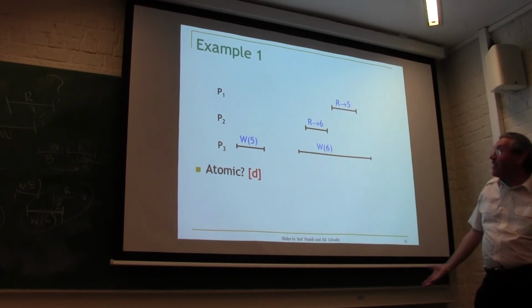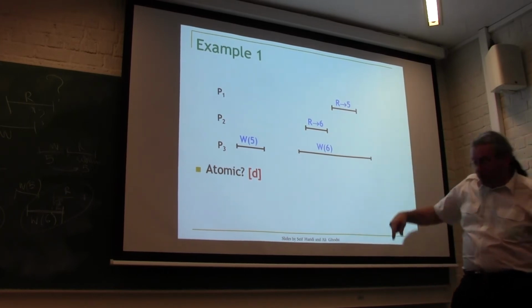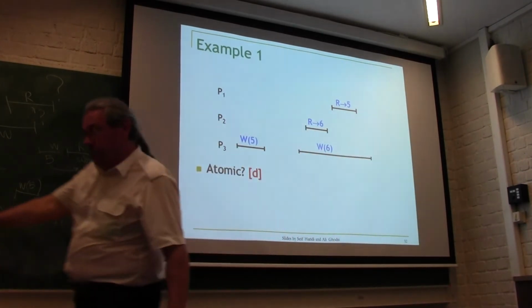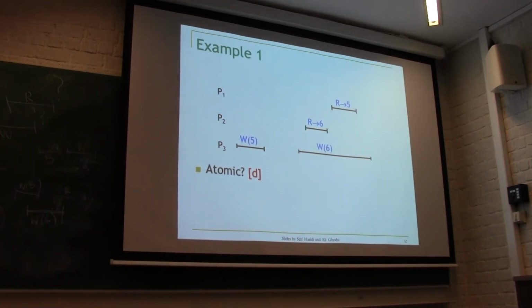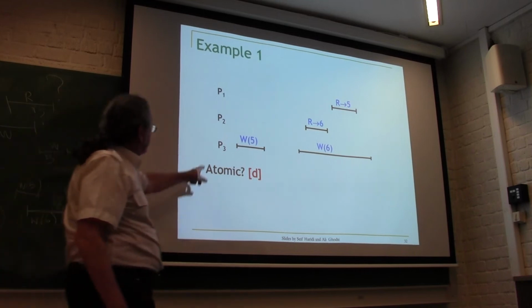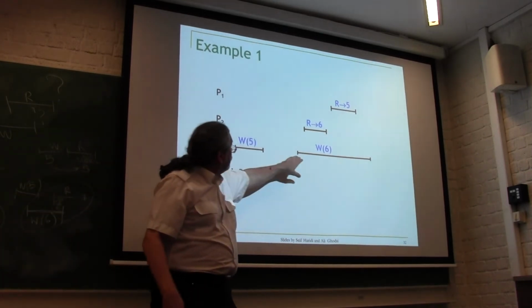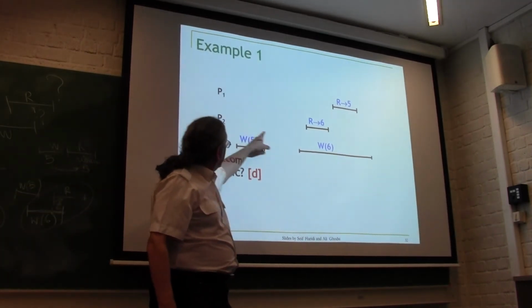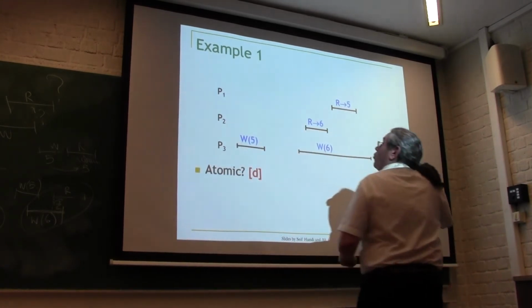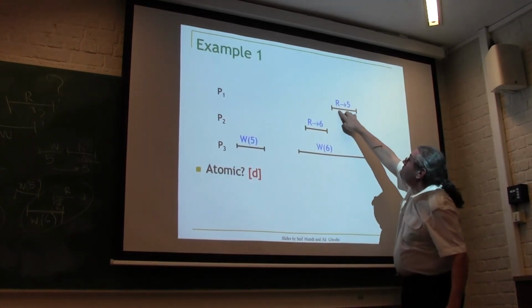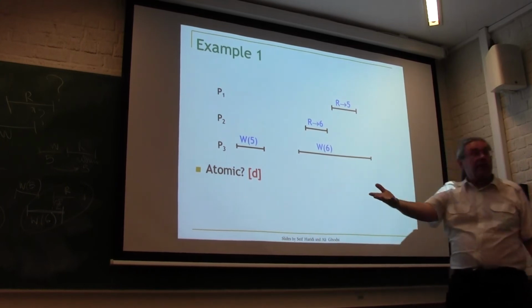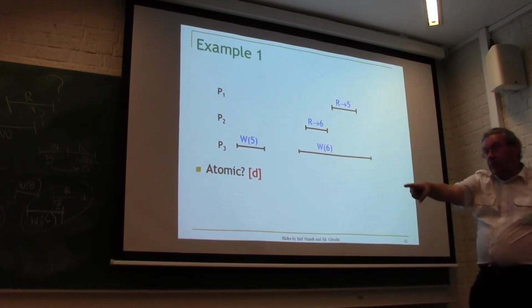If P1, P2, and P3 are threads running here, and they're sharing memory, P3 thread writes and then writes. P2 thread reads 6, and P1 thread after that reads 5. Can you get that in a memory like that?